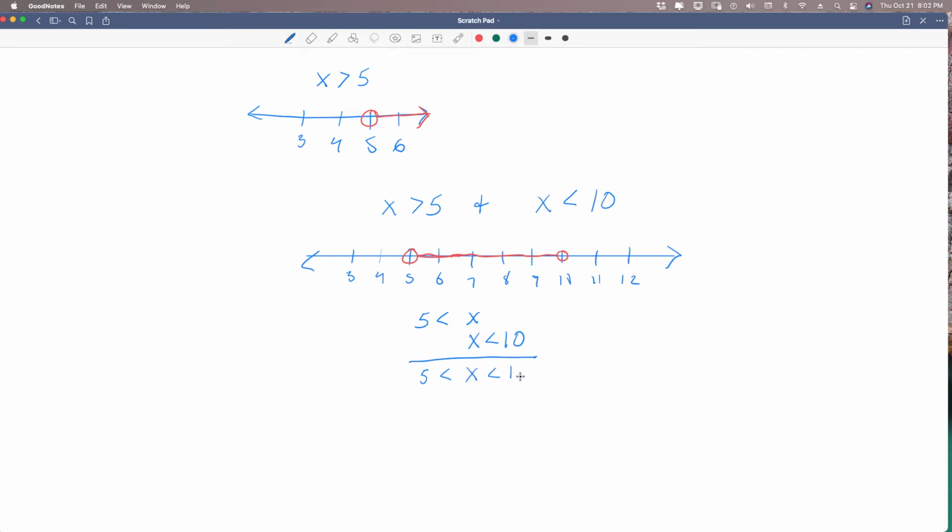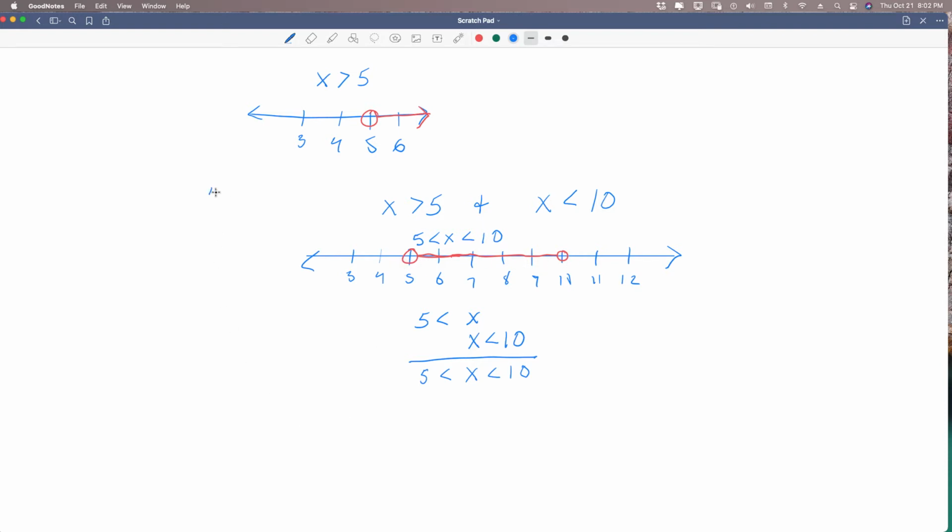We just put x on top of each other and it lines up perfectly so that we can say that 5 is less than x, which is less than 10. That's how we write it. This is how we graph it.